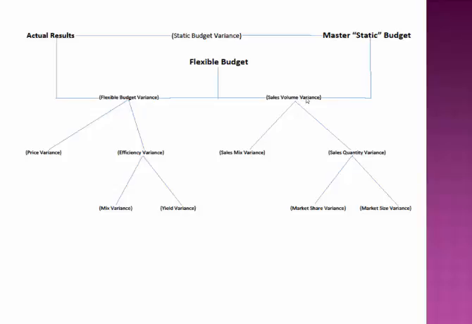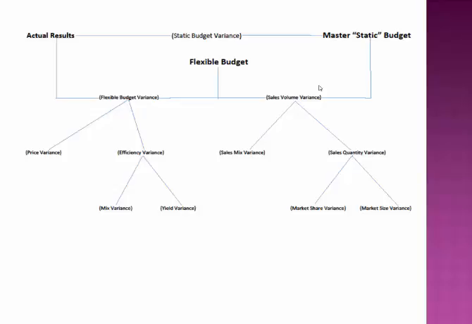That was calculated by subtracting the static budget units from the actual units sold, and then multiplying that quantity or volume difference times the contribution margin, because the revenue dollars used on the master static budget side and the flexible budget side were the same, and the variable cost would be the same, and the fixed cost would be the same.